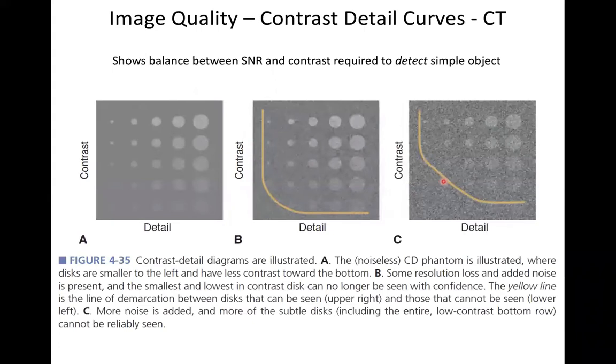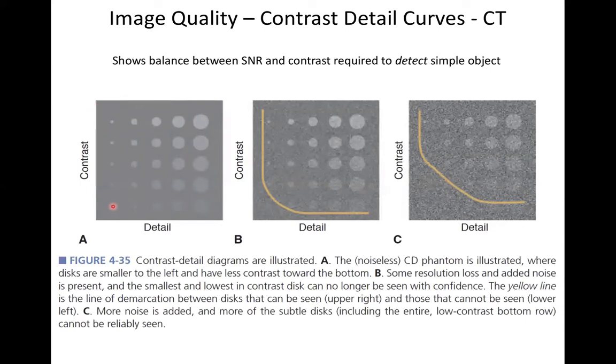Oftentimes, to demonstrate for an imaging system what the performance of that system will be at a specific resolution and a specific signal to noise, a contrast detail curve can be created. And this is often done in CT.